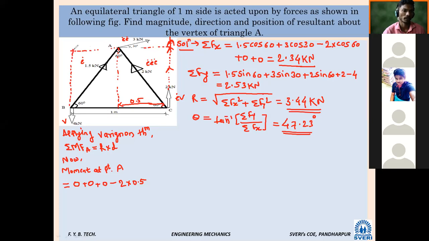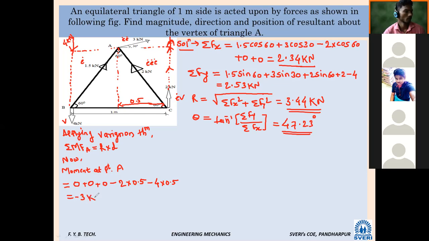The intersection will be here. It is as if we have applied a 4 kilonewton force here. If point A is fixed and 4 kilonewton force is applied here, how will this object rotate? Anti-clockwise. So 4 into half, negative. Have you understood why we have taken both as minus? Yes, sir. Calculate now: minus this value. Minus 3, minus 3 unit.